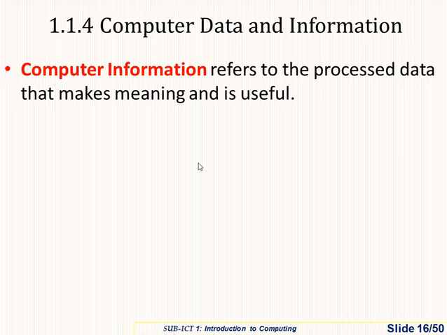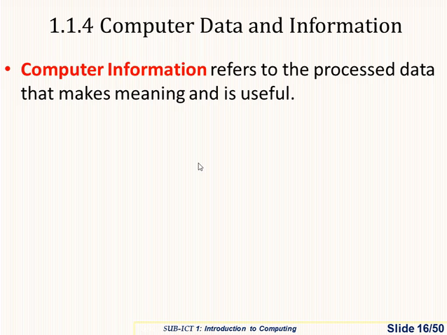Since we have said information refers to the processed data, a student will tell you data refers to unprocessed information. Please, at this level, we are taking you to be a person who can think. Leave that for the primary students.